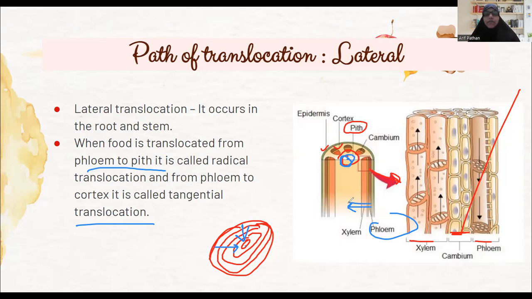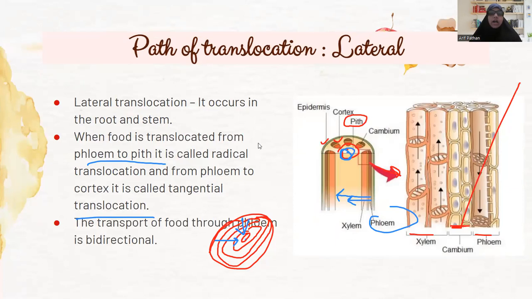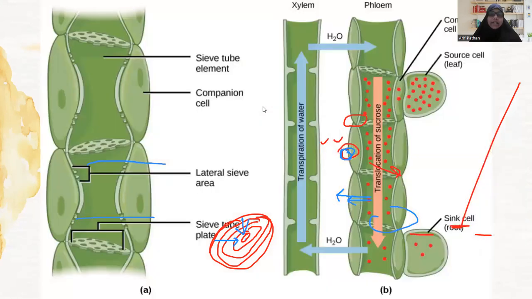Let's say from phloem to this region, like the cortical region. So this is lateral movement of the food molecules. Okay, so this is also another method of transporting food. So transport through phloem is bidirectional. Okay, that is upward and downward and sidewise also, left to right or right to left. So that is what we mean by bidirectional.